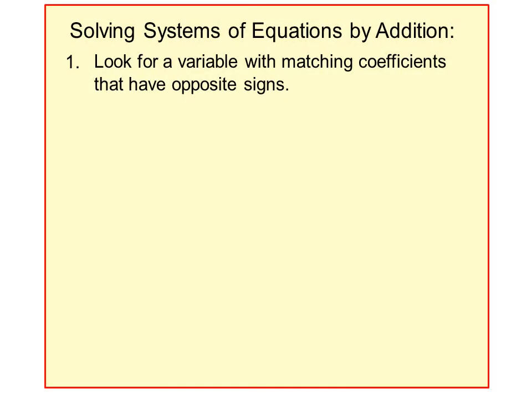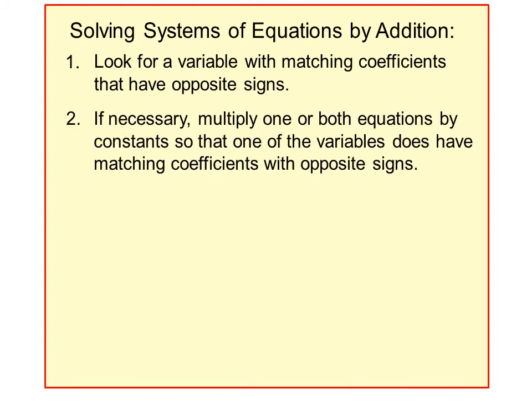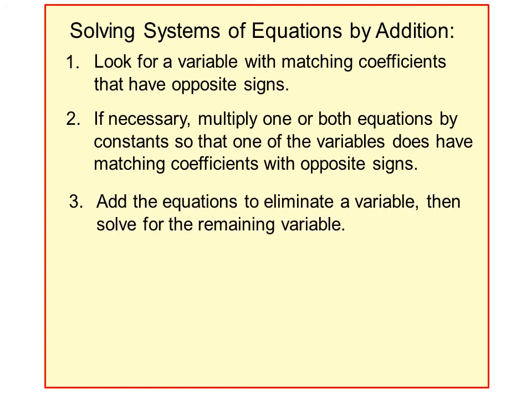The steps for solving equations by addition are: 1. Look for a variable with matching coefficients that have opposite signs. 2. If necessary, multiply one or both equations by constants so that one of the variables does have matching coefficients with opposite signs. Step 3.